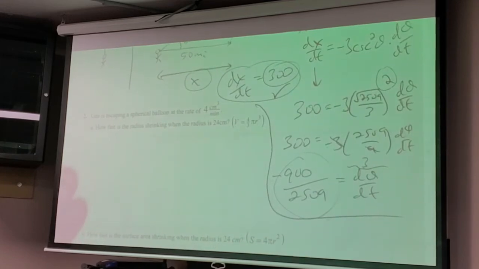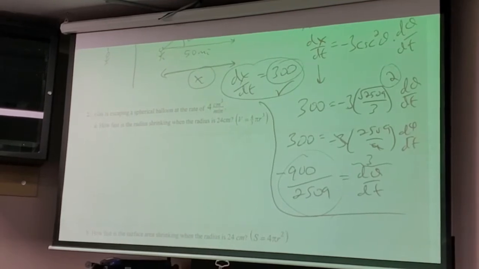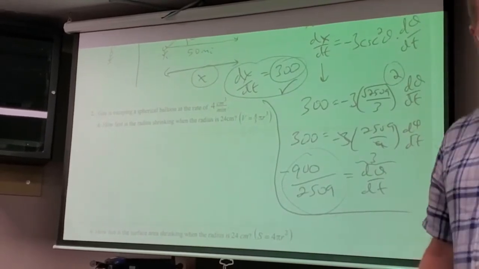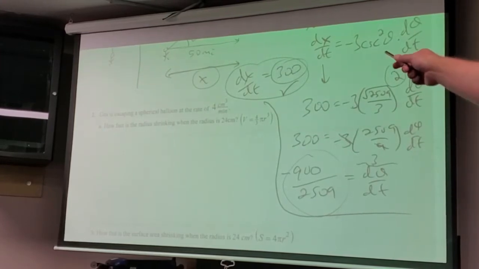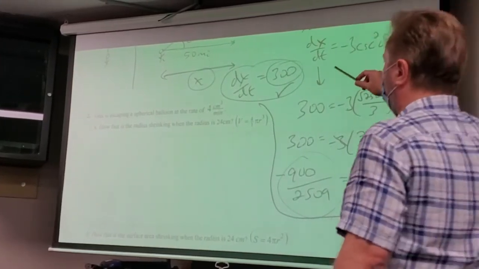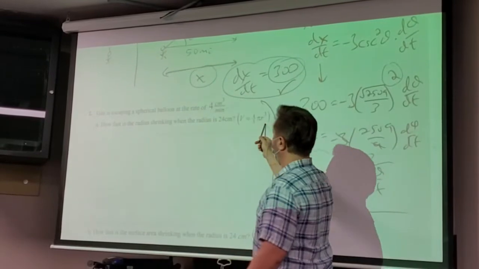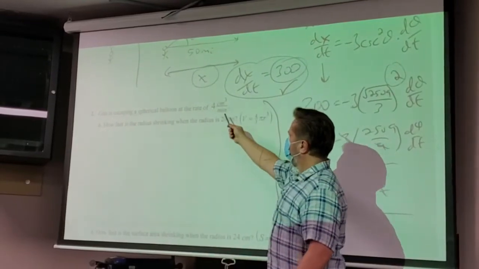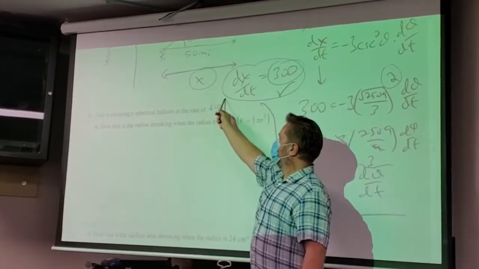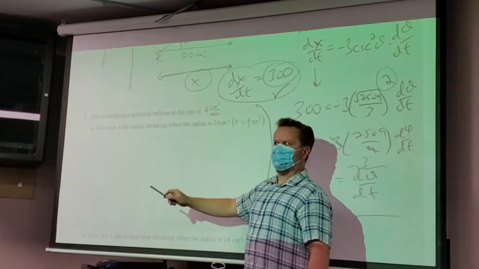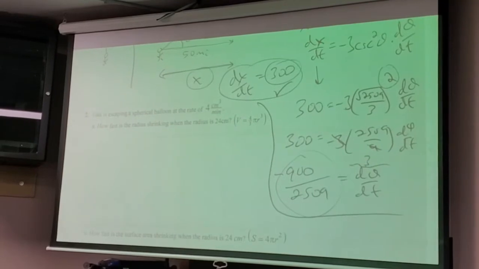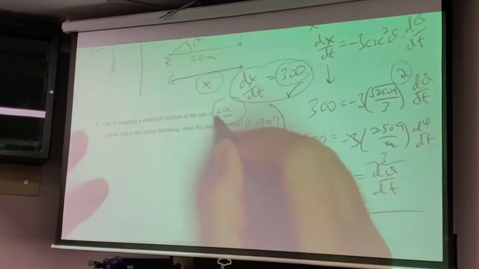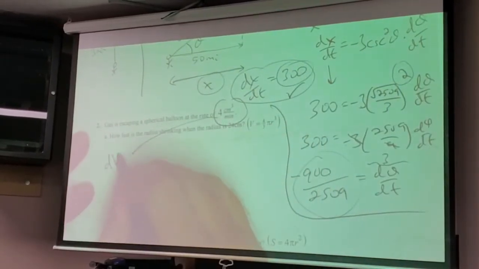Look at number 2. I've got a relationship between volume and radius. What is this talking about? Volume decreasing by minutes. Good. So what's the symbol for this information? dV/dt.